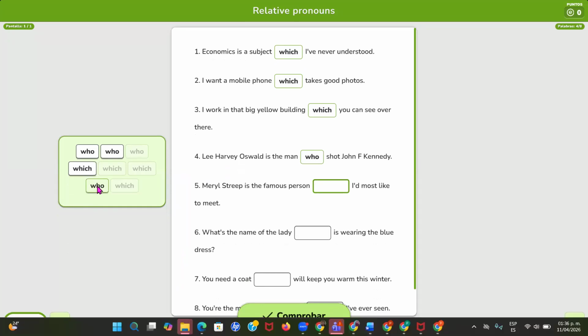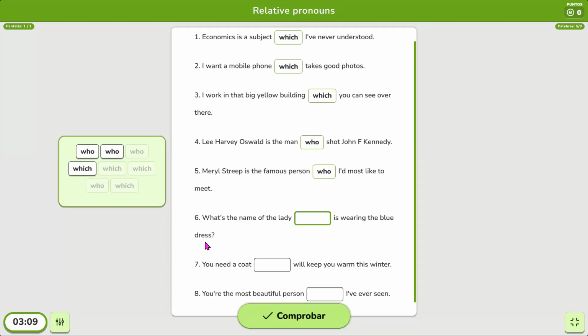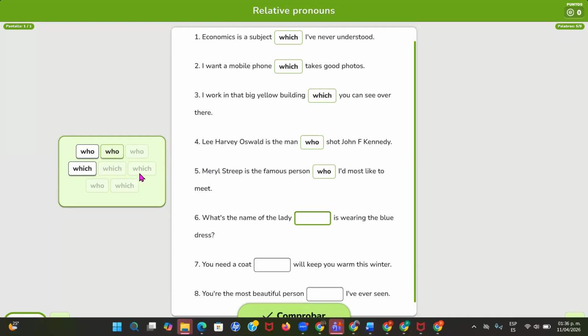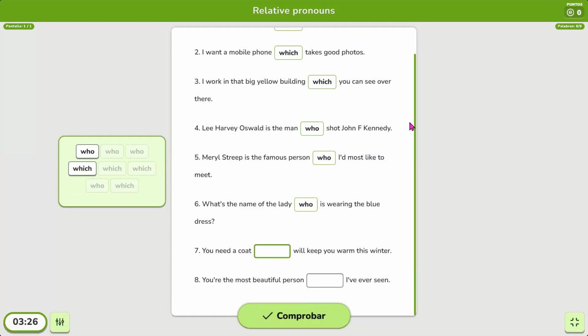Great. Number 6, my dear Joanna. What's the name of the lady is wearing the blue dress? Who? Thank you, my dear Joanna. Okay. You made good decisions. Now, penultimate and the last one.